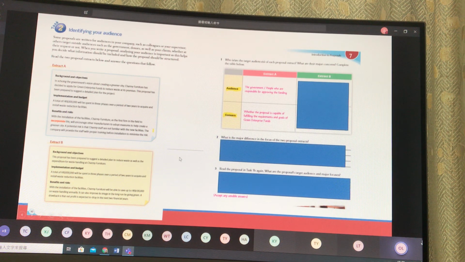For extract B, the proposal has been prepared to suggest a detailed plan to reduce waste, as well as the expenditure for waste handling at Charmy Furniture. Alright, so the difference here is we just want to reduce waste and our waste expenditures, how much money we spend to take care of our waste. So let's use the furniture factory business.